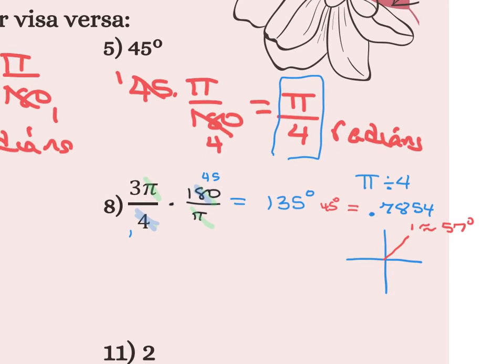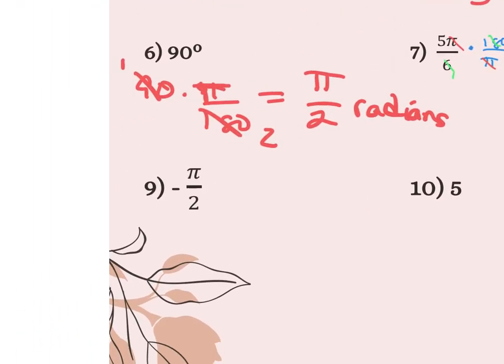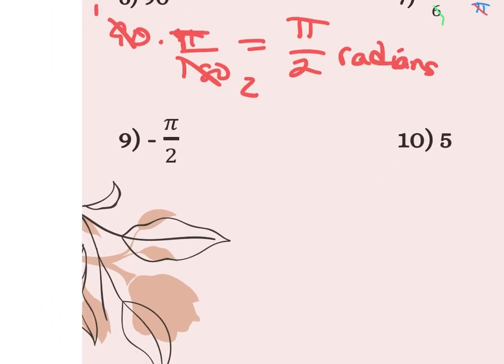So let's keep going. Let's do some more conversions. I now have negative pi over 2. Again, I'm going to multiply by the conversion, which is 180 over pi.